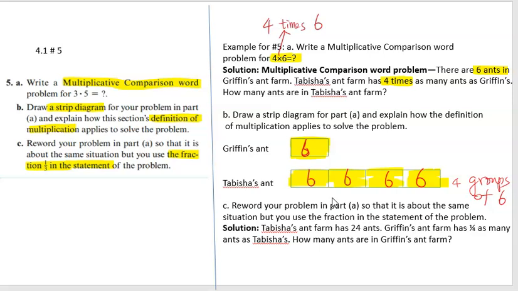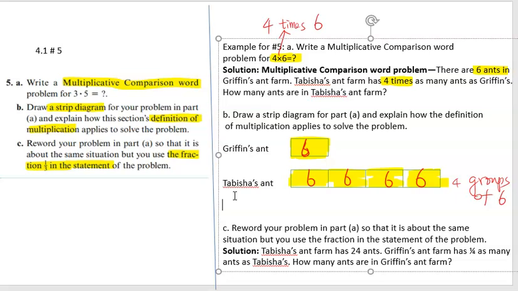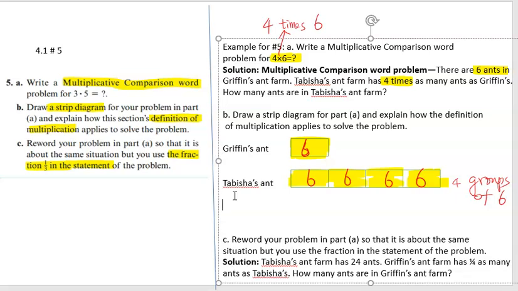I should add a sentence here, which I didn't. I should say there are 4 groups, each group has 6 ants.